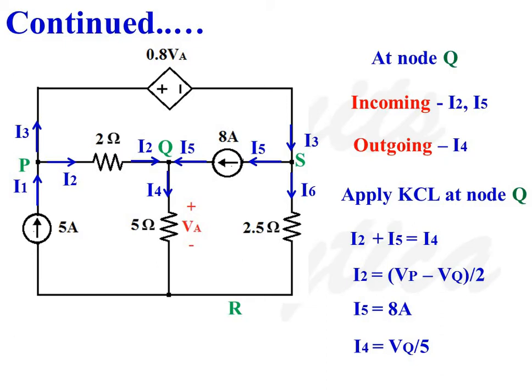The incoming currents are I2 and I5, and I4 is the lone outgoing current. Therefore, we can write I2 plus I5 is equal to I4, where I2 is equal to Vp minus Vq divided by 2, I5 is equal to 8 ampere and I4 is equal to Vq by 5.